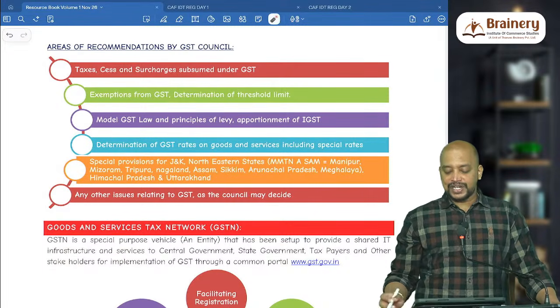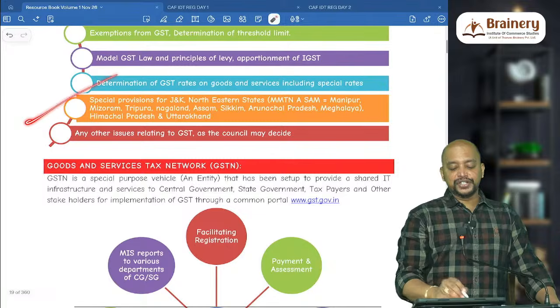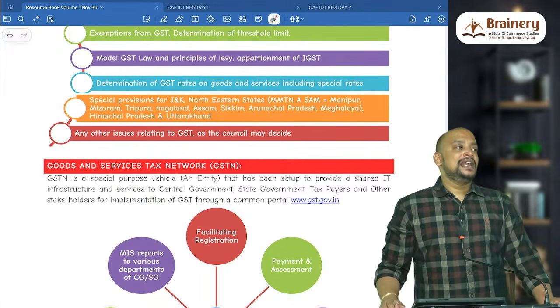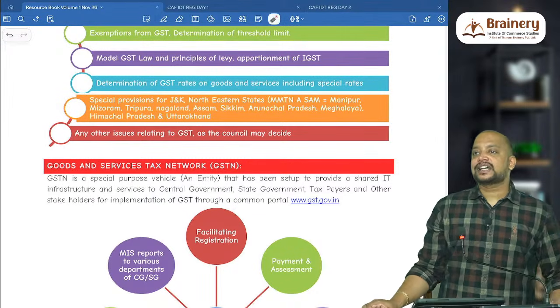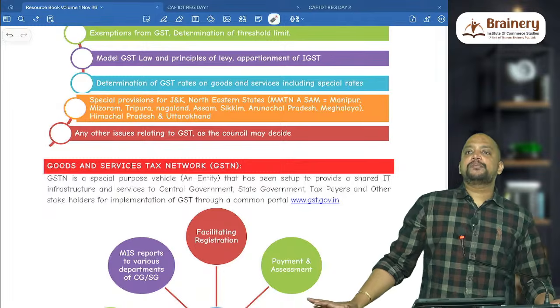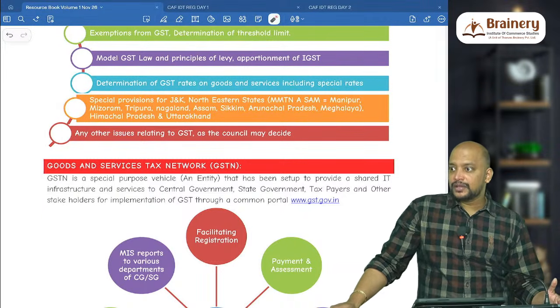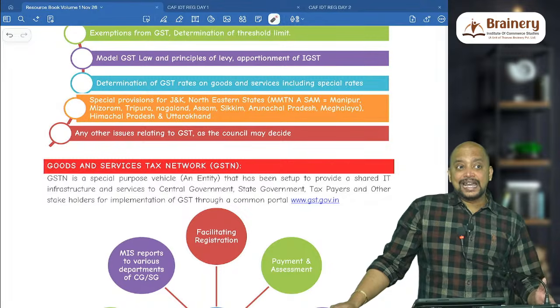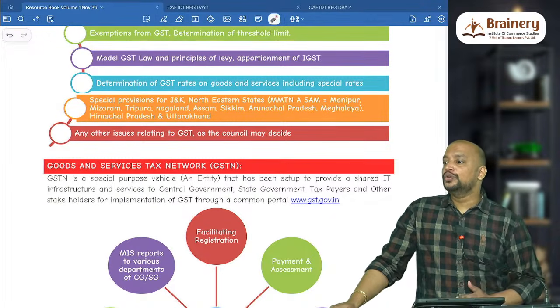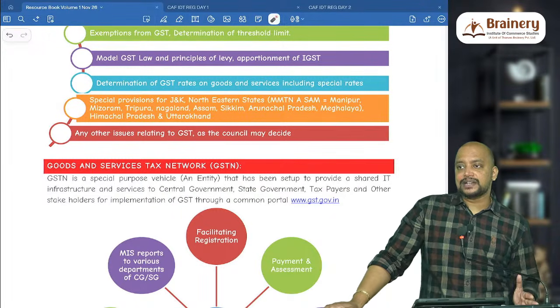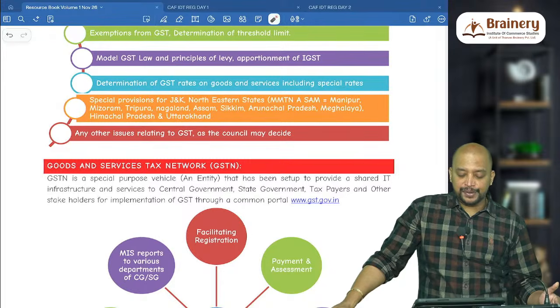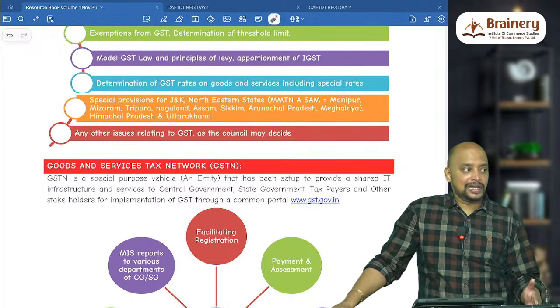Then rates of GST. Then special provisions to some states. Total 11 special category states are there as per the constitution. You remember it like this: MMTN, then ASAM, HUJ. First MMTN: Manipur, Mizoram, Tripura, Nagaland.